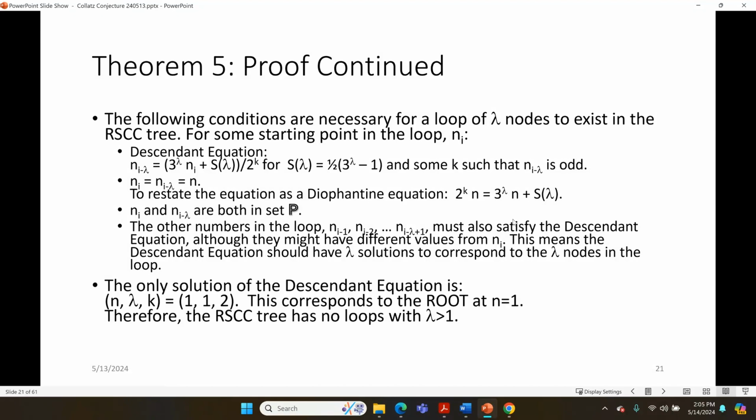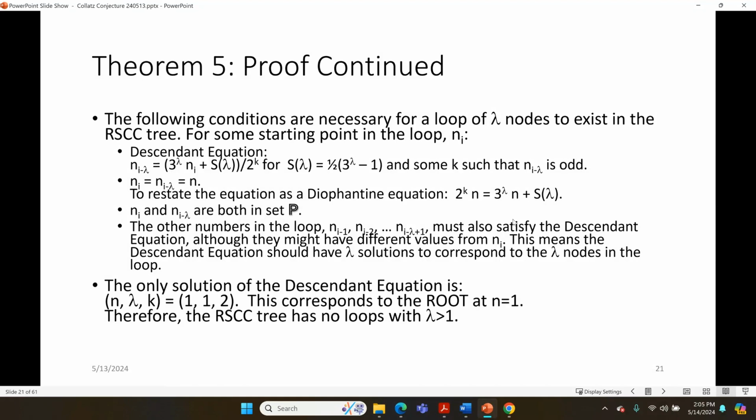So the solution of that Diophantine equation would have to apply to the elements of the loop. There are lambda elements in the loop, so there have to be lambda different solutions to that equation, or they could all be the same solution, but then you don't have descendants that descend to each other.